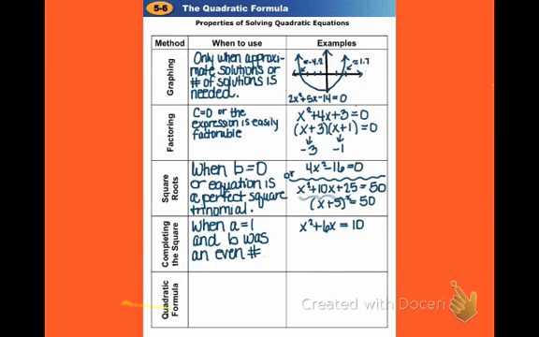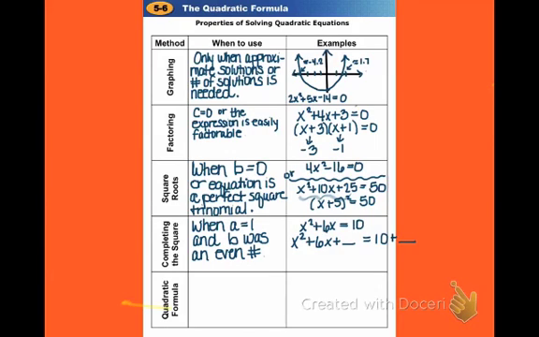So if we had something like x squared plus 6x equals 10, or even x squared plus 6x minus 10 equals 0, and we brought the 10 to the right-hand side, either way, this would be an okay one for the completing the square method, because all we would need to do was take half of that 6, which would be 3, and square it, and add it to both sides.